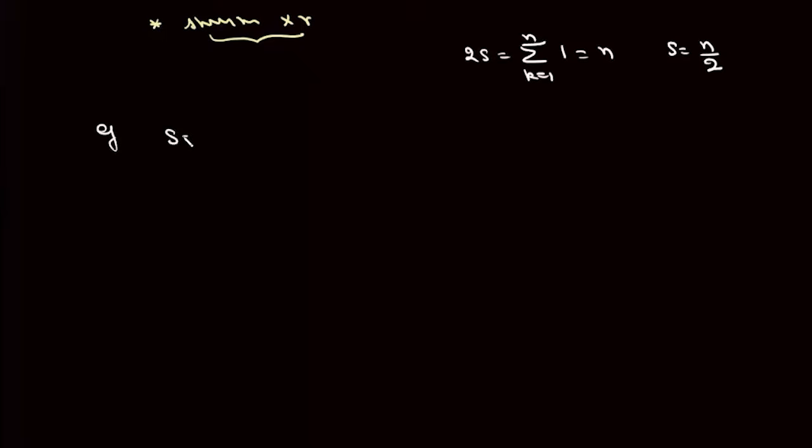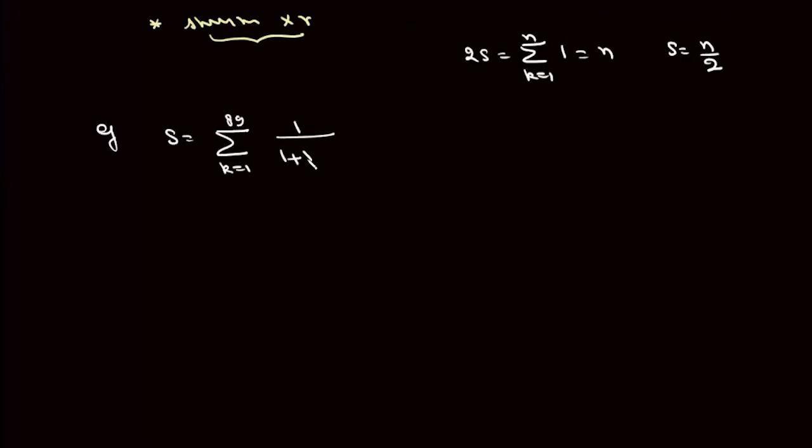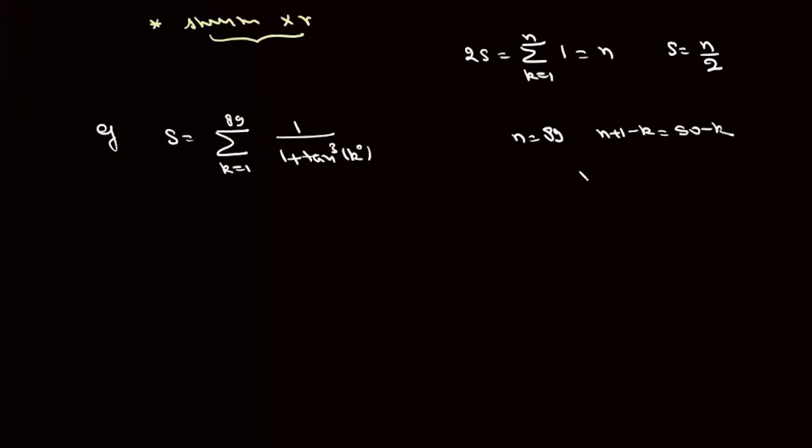Another example could be this series. This summation k varies from 1 to 89, 1 upon 1 plus tan cube k degrees. Now here n is 89. Now n plus 1 minus k will be simply 90 minus k, and we know that tan of 90 minus k will be simply cot k degrees or 1 upon tan k degrees.